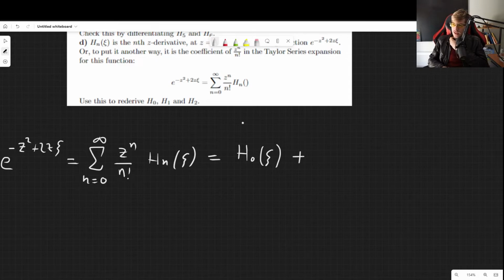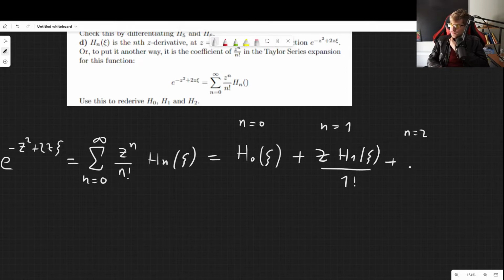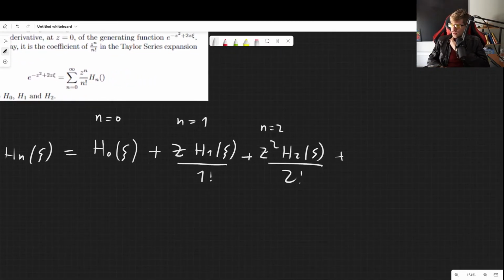Then for n equals 1, we get z h1 of psi over 1 factorial, which is 1, of course. And for n equals 2, we get z squared h2 of psi over 2 factorial, which is 2. And then for n equals 3, we get z cubed h3 of psi divided by 3 factorial, which is 6, and so on.